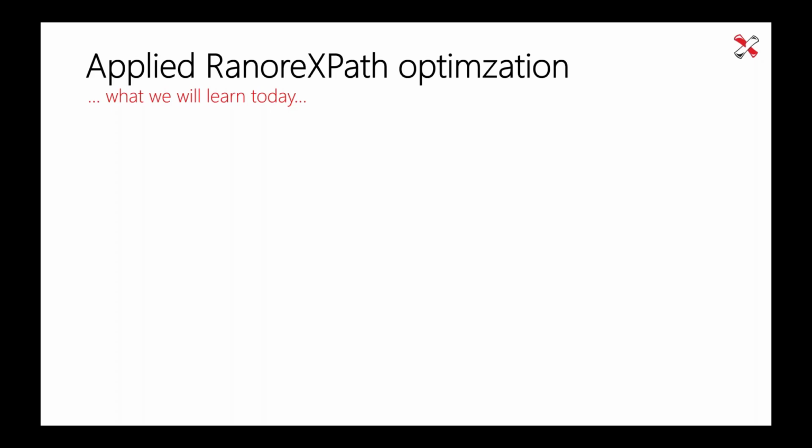I would like to start by telling you what we will learn today. I give you a glance of all the topics we are doing. First of all, it's not only RanoreXPath specific things directly, but everything which is in common or somehow referenced to the RanoreXPath. There will be lots of best practices and good advice.